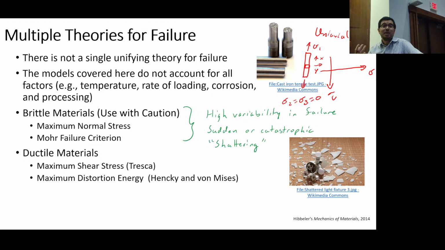Is it maximum in-plane shear stress? Is it a state of principal stresses? Yes, it's a state of principal stresses. So now I've got a sigma 1, a sigma 2, and a sigma 3, right? No shear stress, at least the way I've described it at this point.